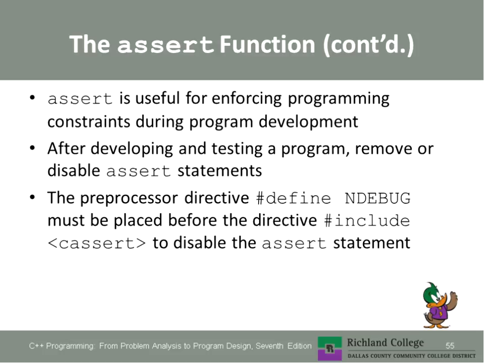Okay. So if you have a lot of assert statements in your code and you don't want those active, then we can use a preprocessor directive and type in define NDEBUG. NDEBUG must be placed before the preprocessor directive cassert, and then all the assert statements are going to be disabled.